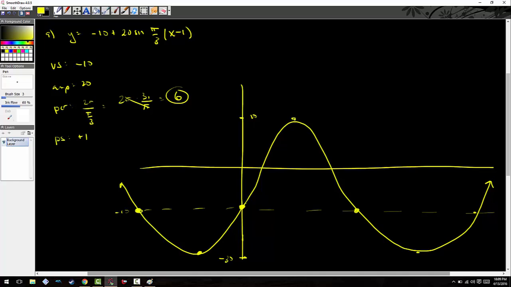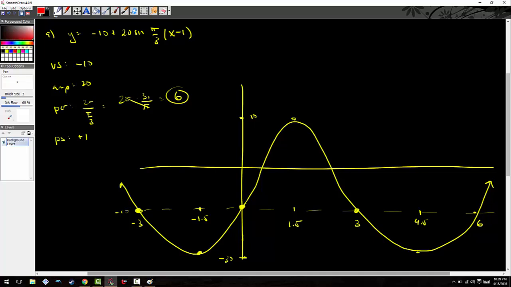Again, this is my pre-phase shifted graph. Normally this sine has a period of 6, so it ends at 6 here. This becomes 3. This portion becomes 1.5. This portion becomes 4.5. This tick mark here is -1.5, and this is -3. So again, I have at least 2 values. I'm good so far.